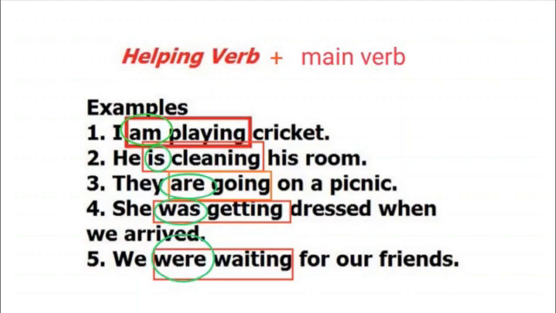We were waiting for our friends. So here tell me, which one is an action? You are correct. Waiting is an action. Now which one is a helping verb? Yes, were is a helping verb. Okay, so remember that helping verbs go along with the action verb. Okay, so in a sentence, you may always find a helping verb with an action verb.